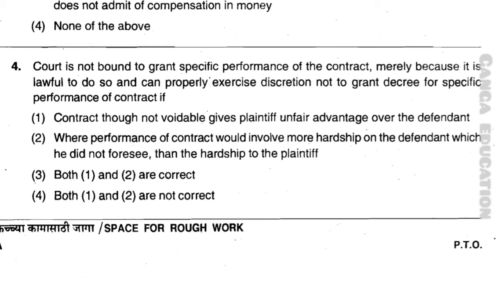Option number 2, where performance of contract would involve more hardship on the defendant which he did not foresee than the hardship to the plaintiff. Option number 3, both 1 and 2 are correct. Option number 4, both 1 and 2 are not correct. And the correct answer is option number 3, both 1 and 2 are correct.